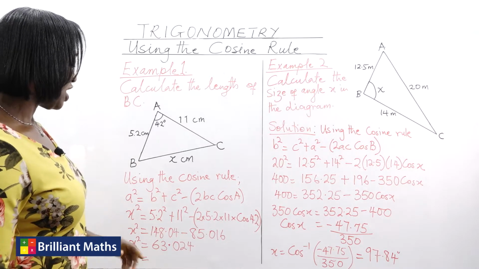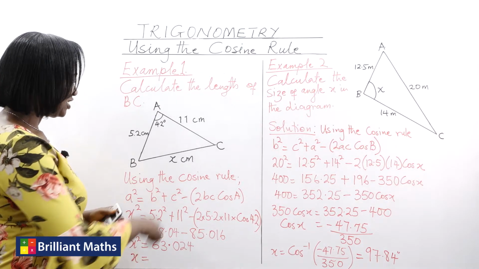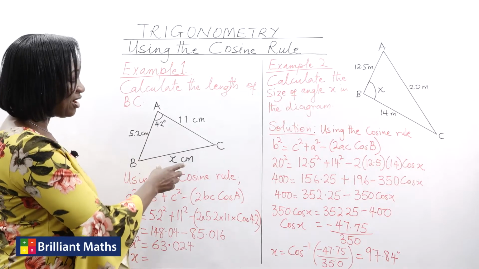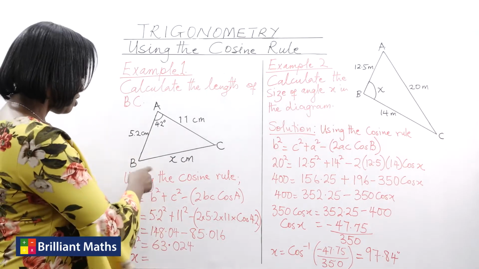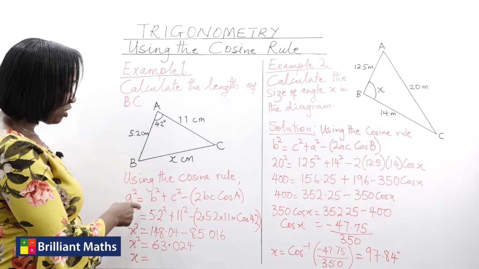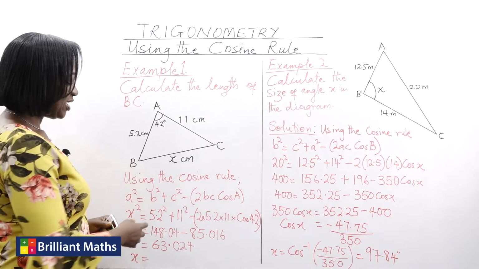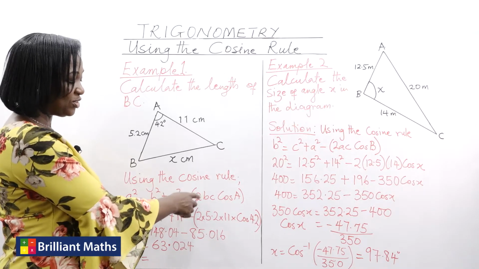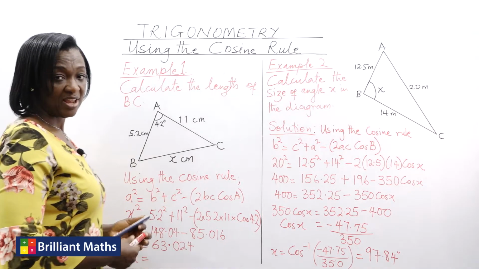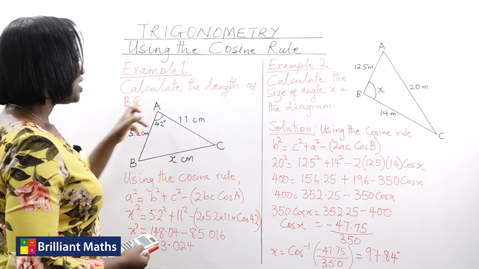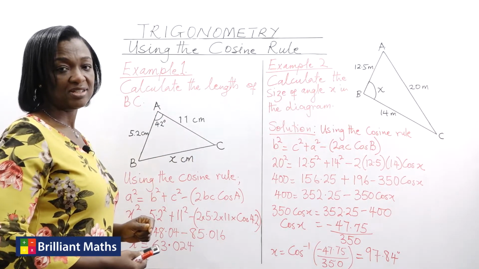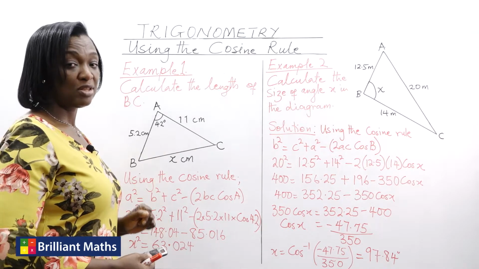So to use the cosine rule, we know that the line BC is our lowercase letter a. So A squared is equal to B squared plus C squared minus 2BC cos A. The angle A is between the two given sides, so we can use the rule.